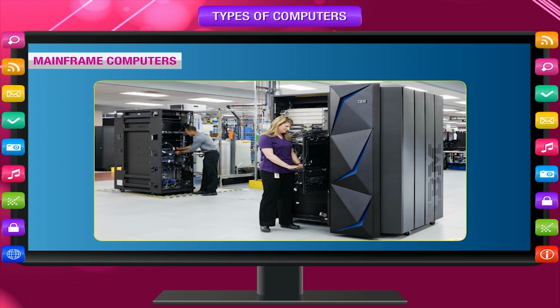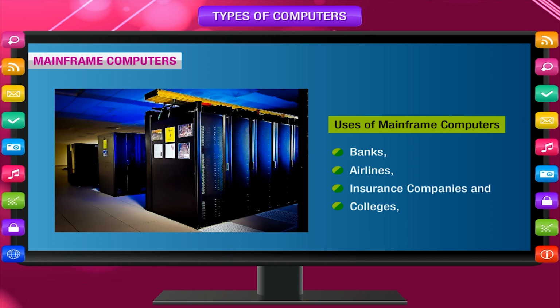Nowadays, a mainframe is a very large and expensive computer capable of supporting hundreds or even thousands of users simultaneously. They normally use proprietary operating systems which are usually provided by the manufacturers. Uses of mainframe computers.